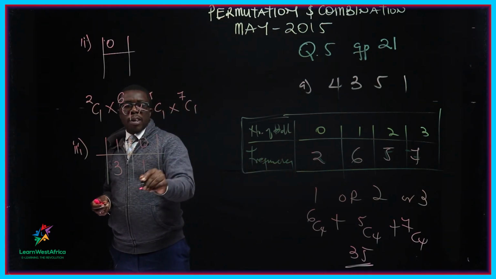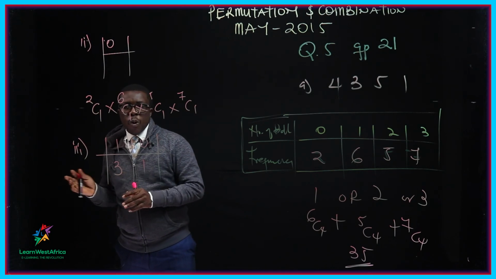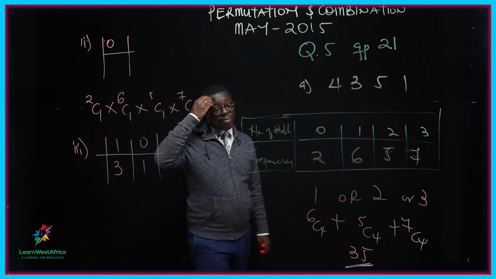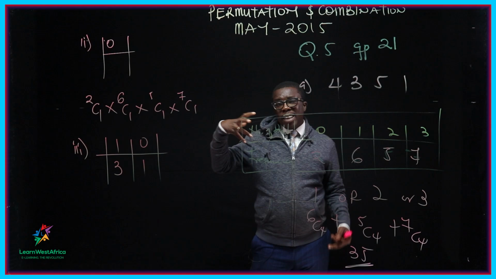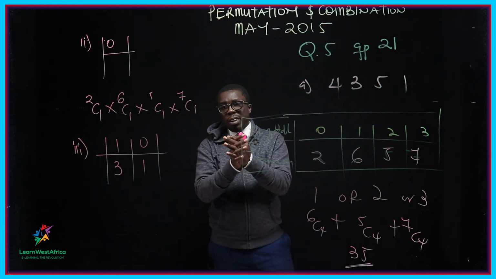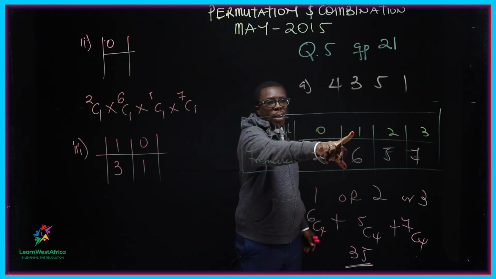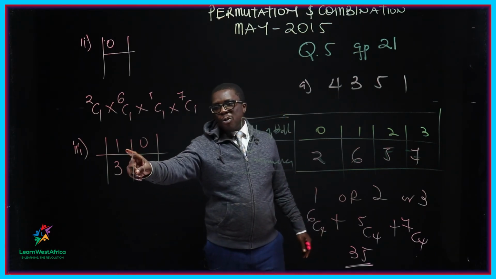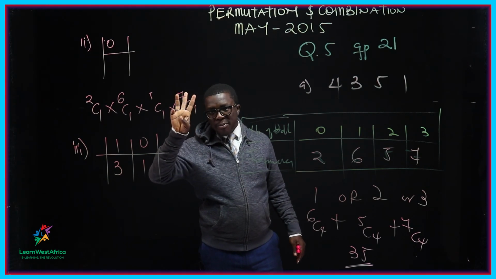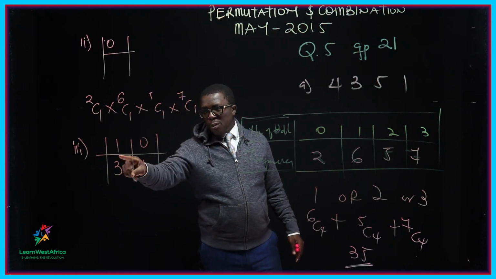We can select 1 from there. Hope you are fine. Are we making sense? We want to select 4 balls so that the sum of them should give you 3. Here you have got 6 balls that have got 1. Those 6 balls, you can choose 3 of them.